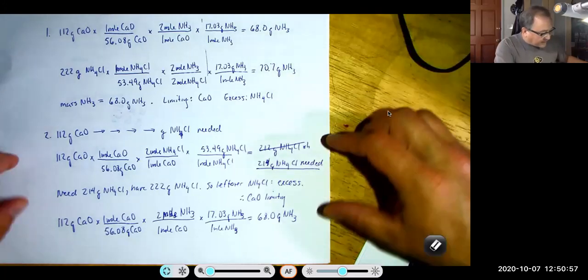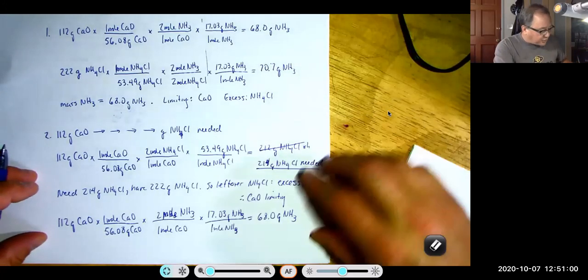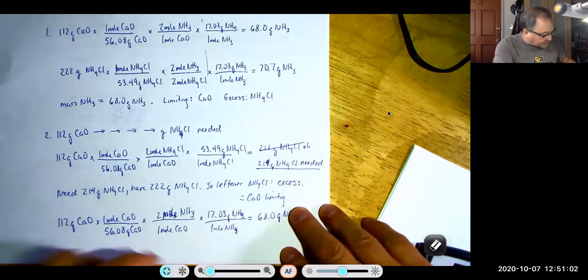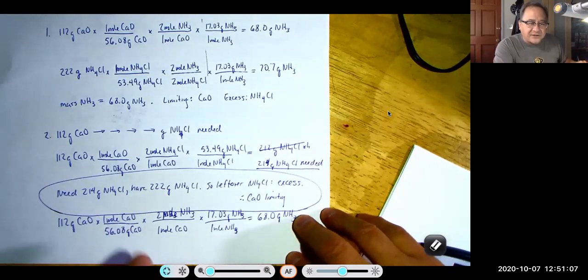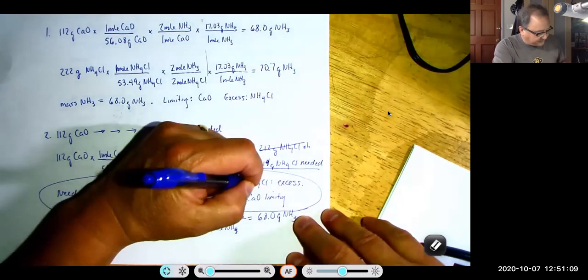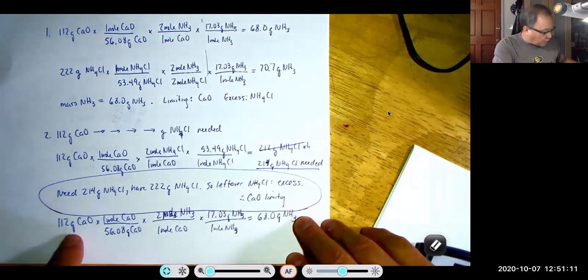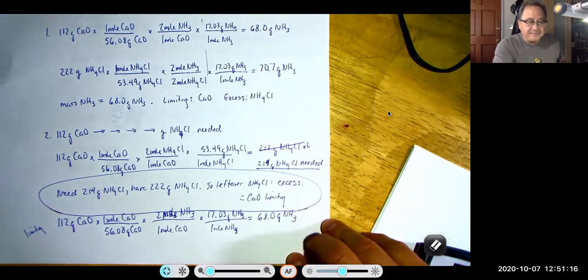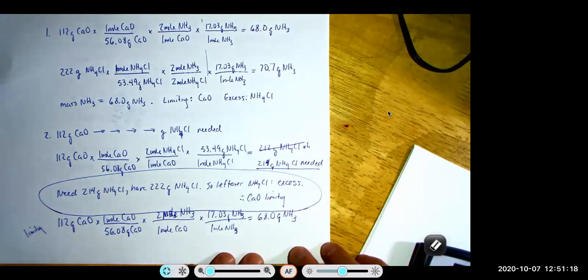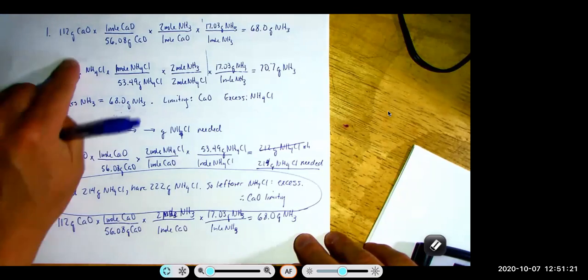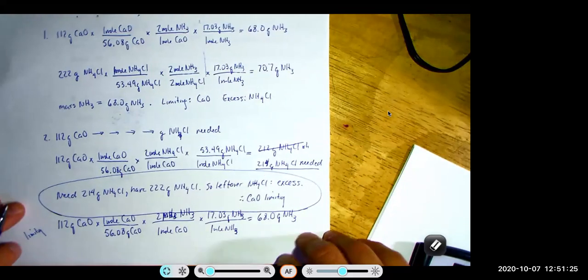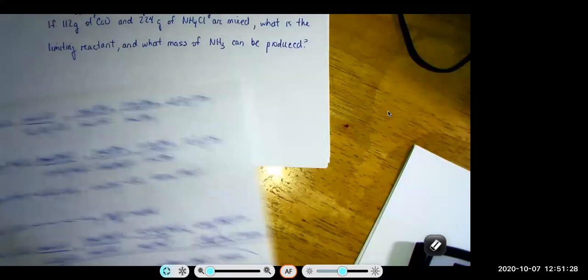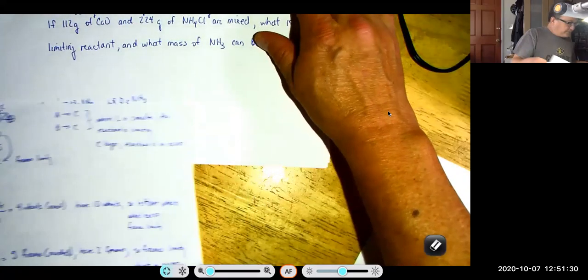Here, you don't have to avoid any trap of adding them together, but you do have to go through this mental exercise of figuring out what these numbers mean as far as excess and limiting goes. And then you have to remember that you start with the limiting to calculate how much you're going to make. You'll notice above, though, we still started with the limiting to find out how much you're going to make. Oh, yeah. Okay, so there's that problem.